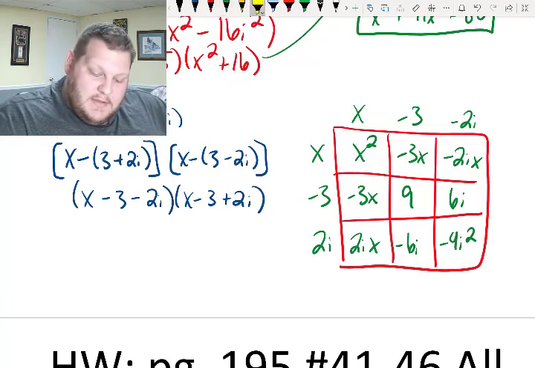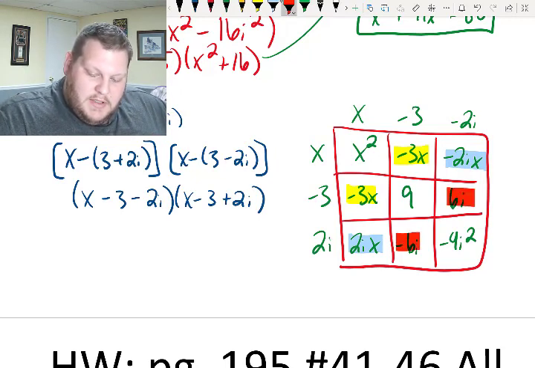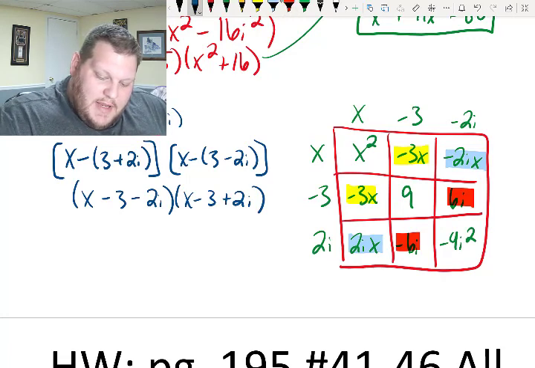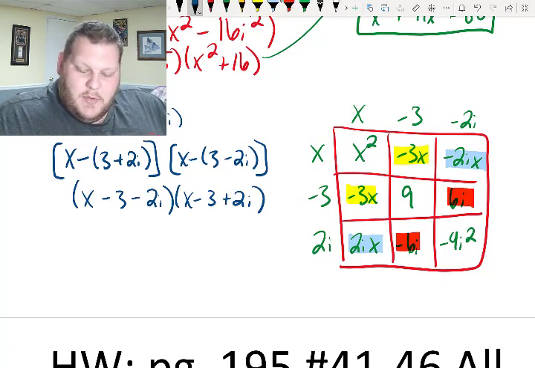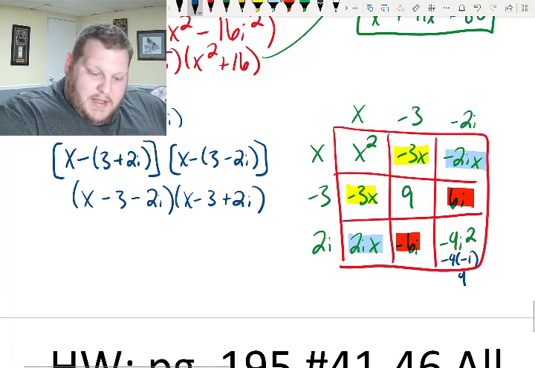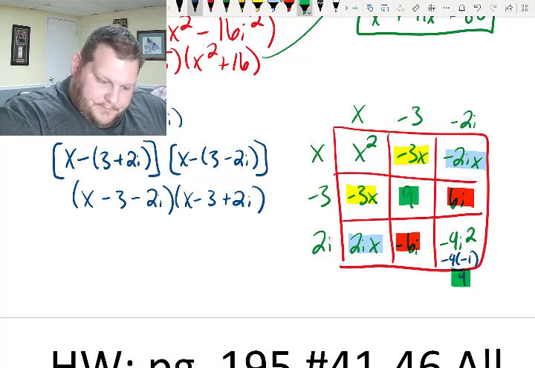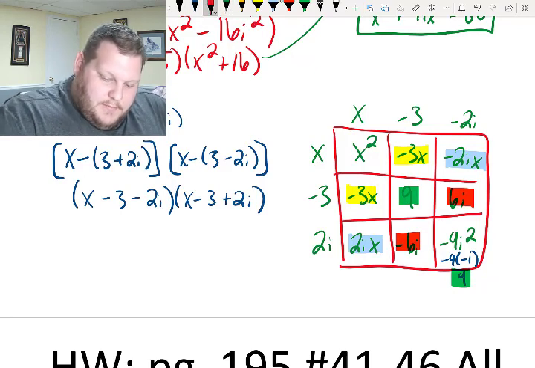So we've got like terms there and there, and there and there. And then this last box down here, my i squared we know is -1, so really this is -4 times -1, so it's a +4. So I actually have a like term here and here as well. Super complicated, which is just so much fun.